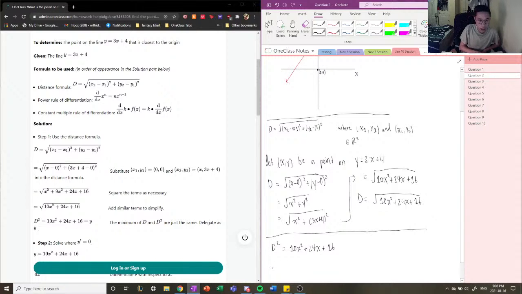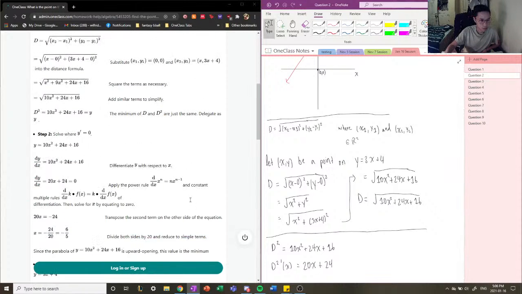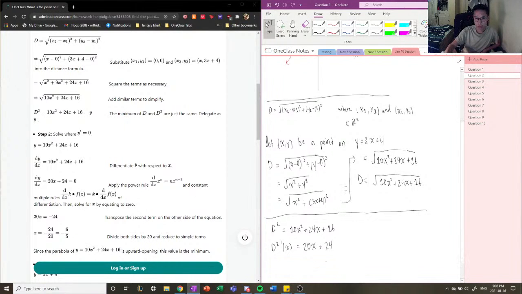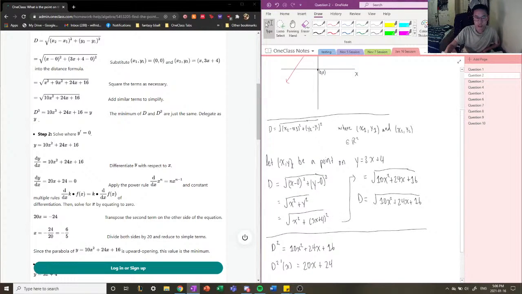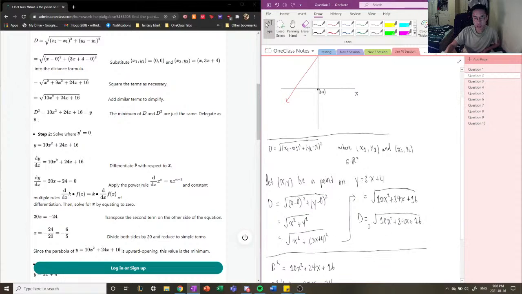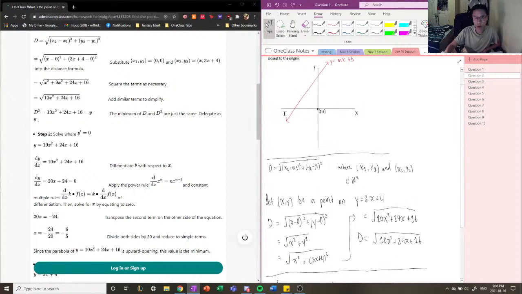So now I'm going to find the derivative. I'm going to prime this and we're going to find the derivative of this. So it's going to be 20x plus 24, okay? All right, so let me recap what I just did. So first of all, I've defined a function which measures the distance from any point on our line, y equals 3x plus 4, to the origin.